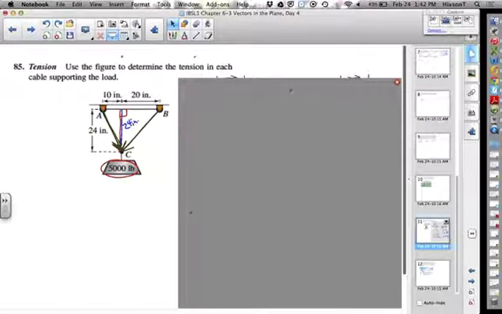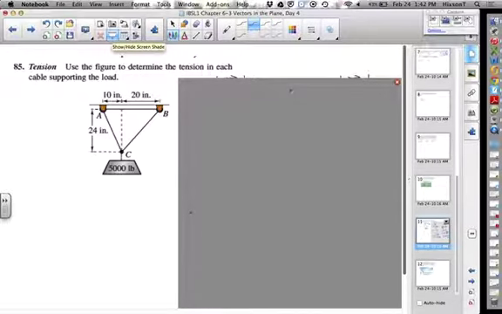Here we have a situation where we have this weight that's being supported by 2 separate pulleys and 2 separate cables. Now, anytime you're talking about a weight, that weight is going to pull which direction?